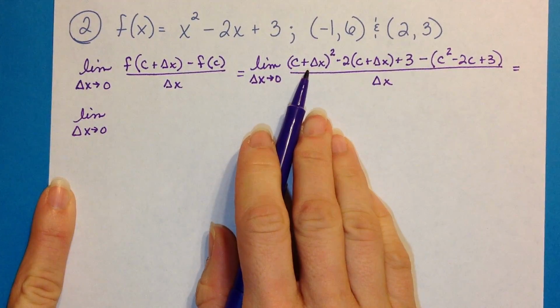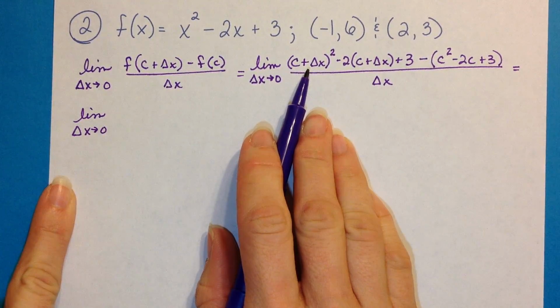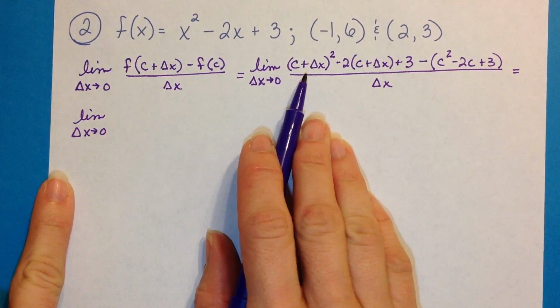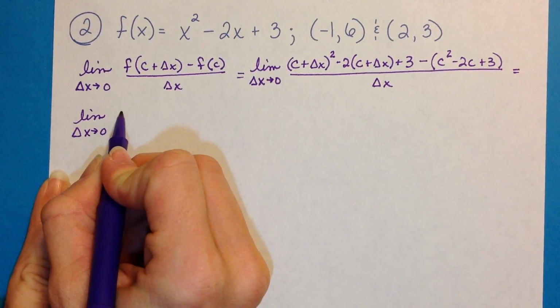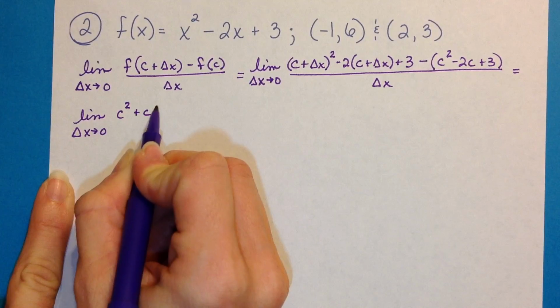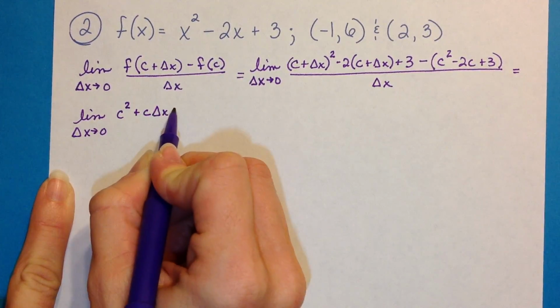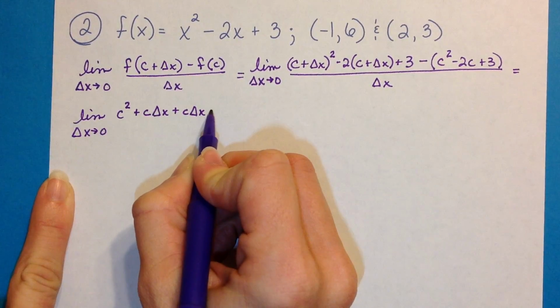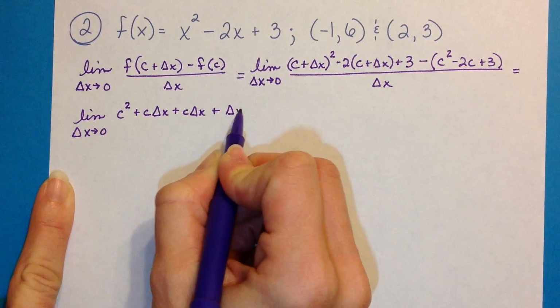Okay, you would want to write this down twice, so if you need to go over to the side and write it down twice so that you can see that, what you're going to have is going to be c squared plus c delta x plus c delta x plus delta x squared.